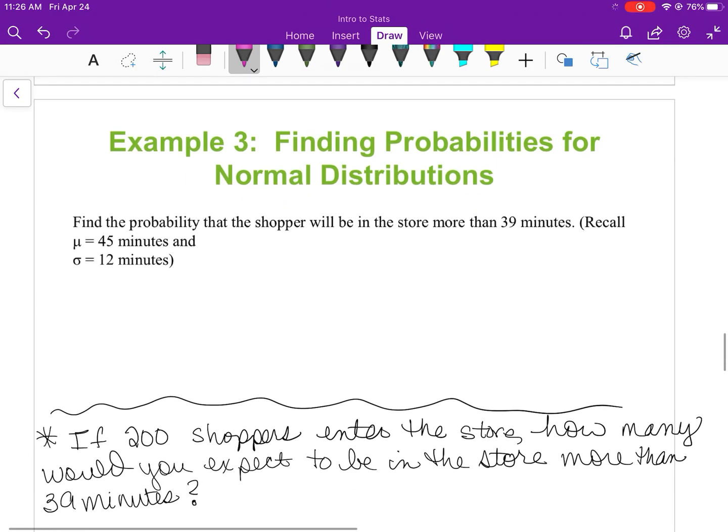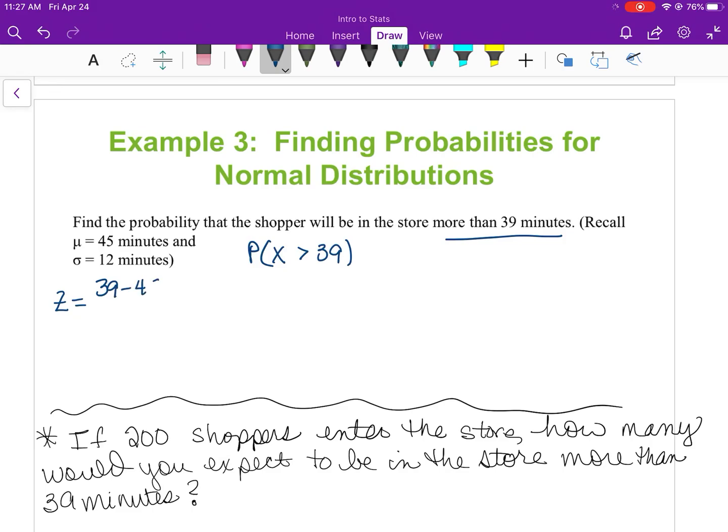For the next problem, same mean and standard deviation. We're looking at more than 39 minutes are spent in the store. So we're looking for the probability that x is greater than 39. That means you're going to have to find a new z-score. So 39 minus 45 divided by 12 is negative 0.50.